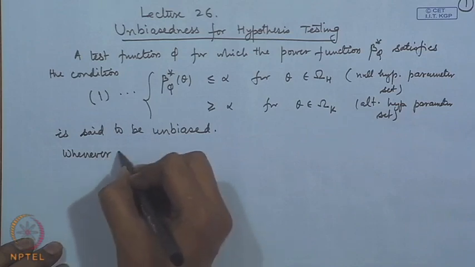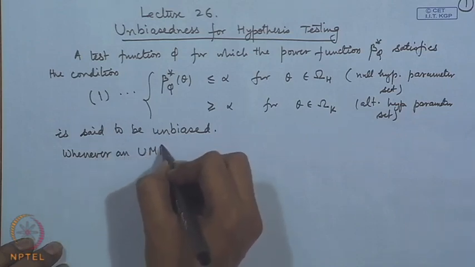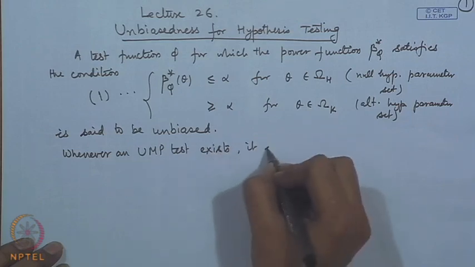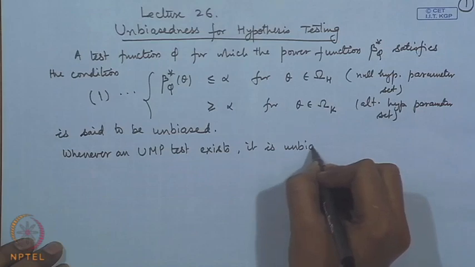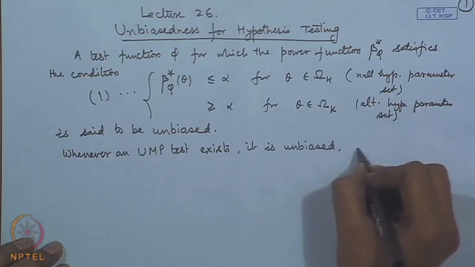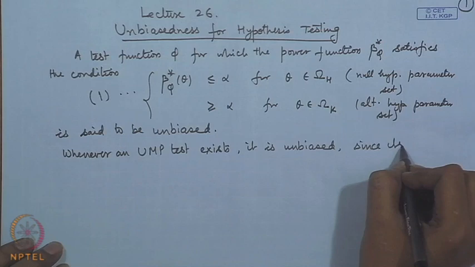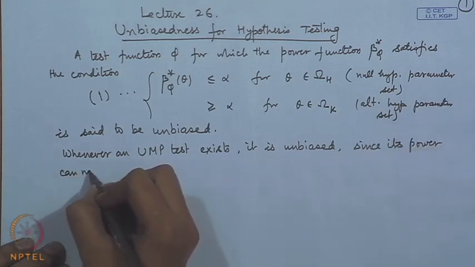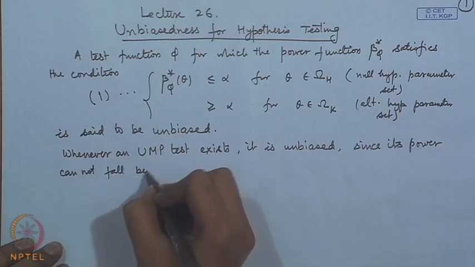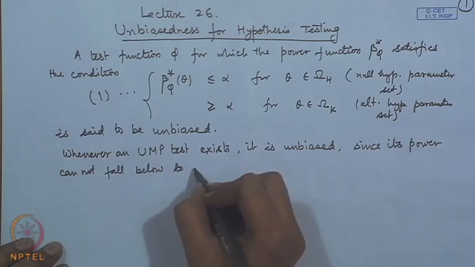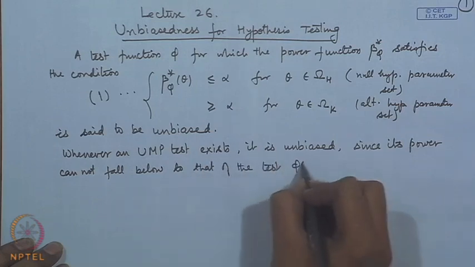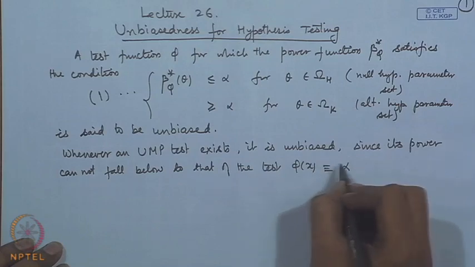So, whenever a UMP test exists, it is unbiased, since its power cannot fall below that of the test, say phi x is equal to alpha.